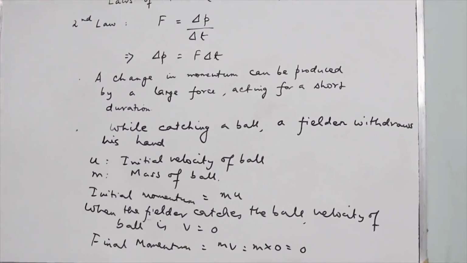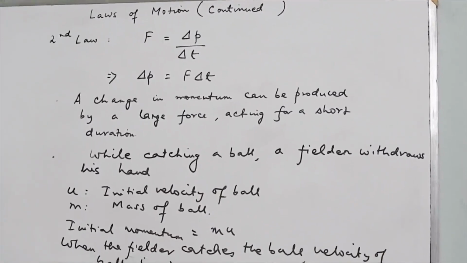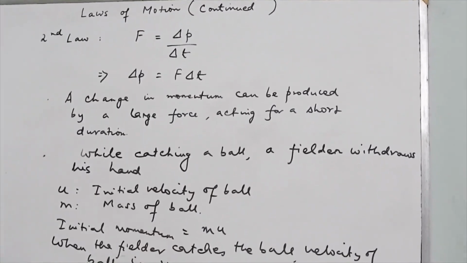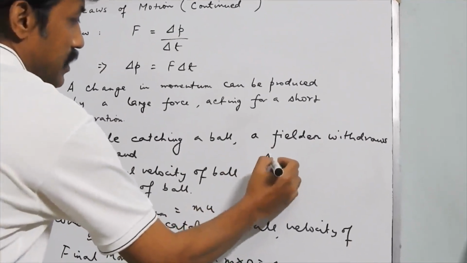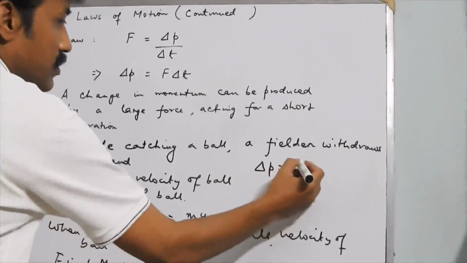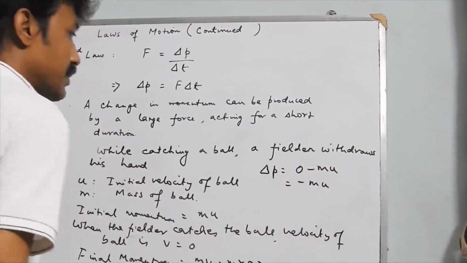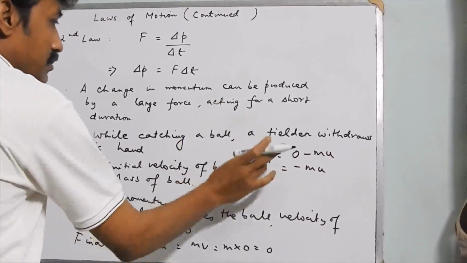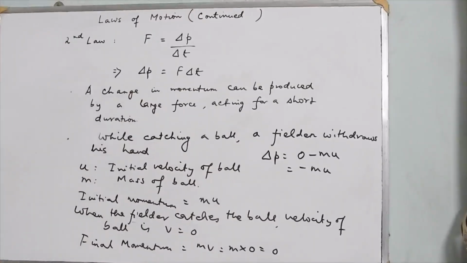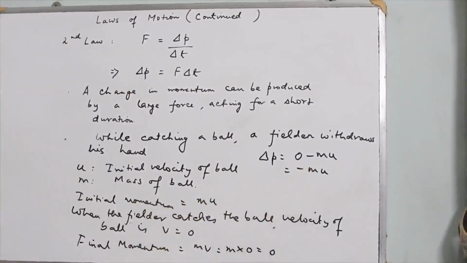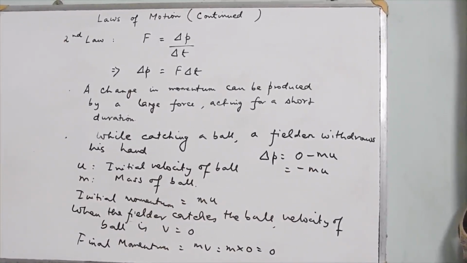So therefore you can find the change in momentum. The change in momentum is the final momentum minus the initial momentum, so delta p equals 0 minus mu, which is minus mu. In terms of the value, the change in momentum is mu, but the negative sign indicates that the momentum change has occurred opposite to the direction of the motion of the ball.